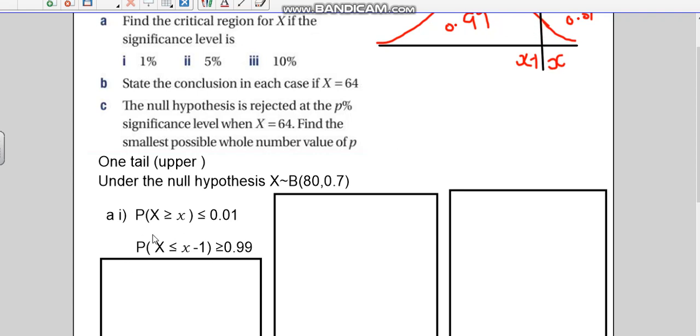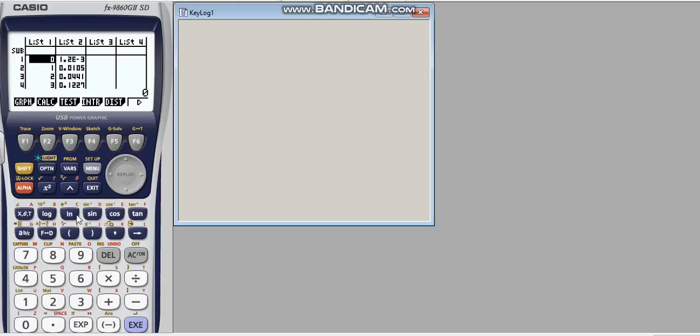So that's what we're looking for. So that's what I'm going to look on my calculator. I'm looking for values that give me a probability over 0.99. So we're going to go to the calculator and type in 80 and 0.7. So let's just clear the lists quickly.